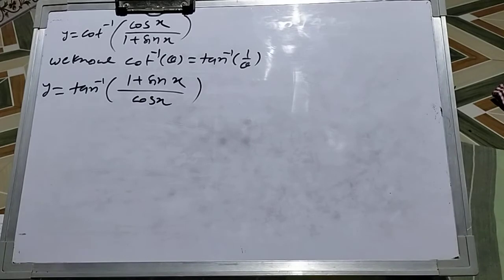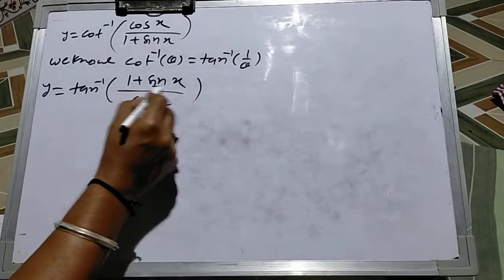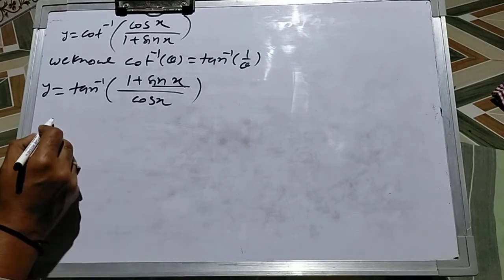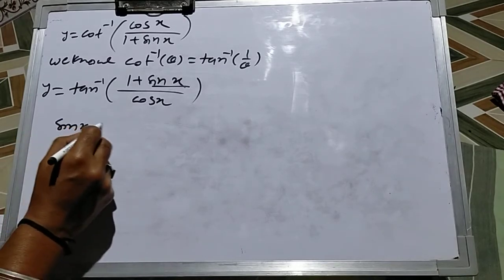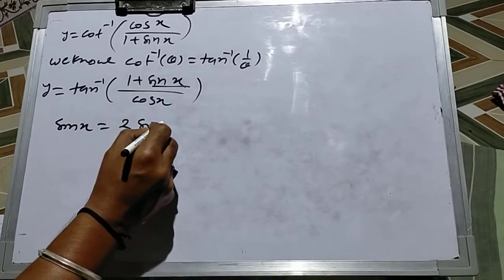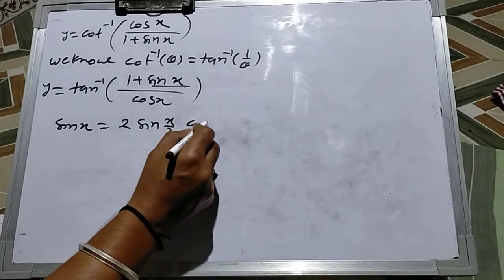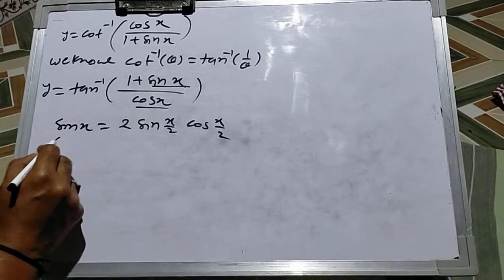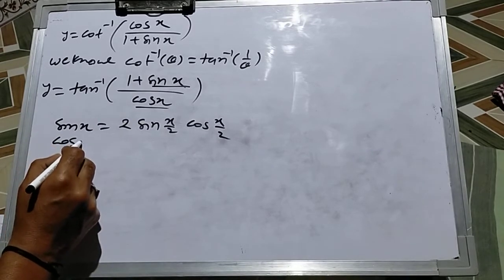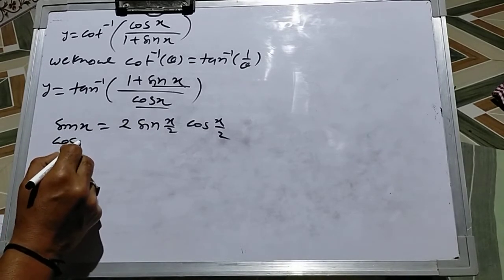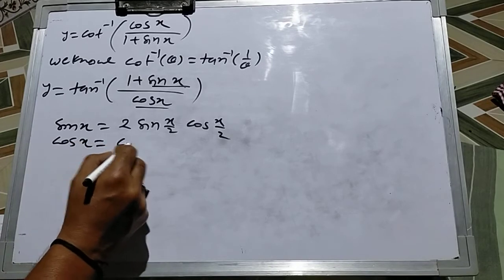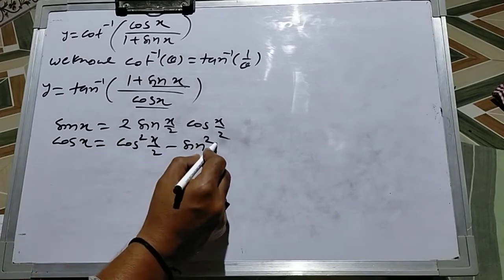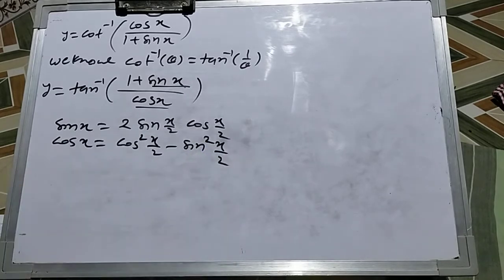Now again here sin x. So formula for sin x is equals to 2 sin x by 2 cos x by 2, and formula for cos 2 theta, means for cos x, is equals to cos square x by 2 minus sin square x by 2.